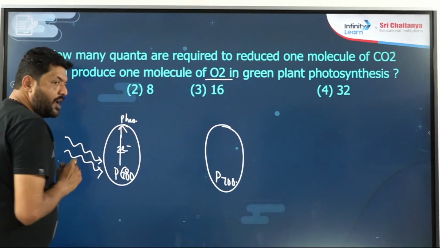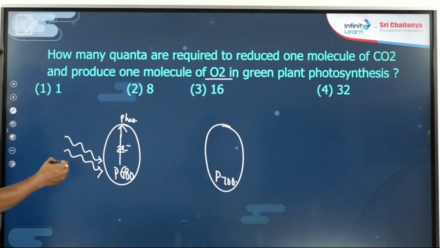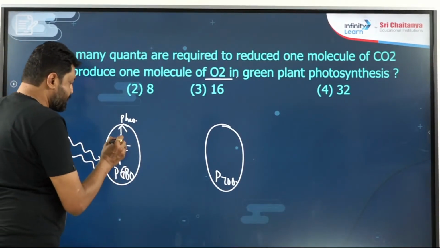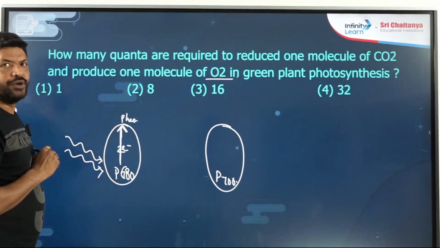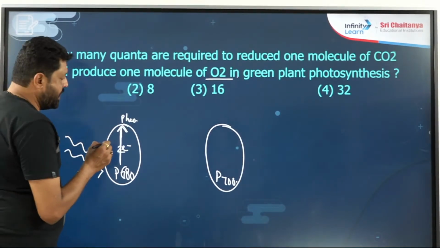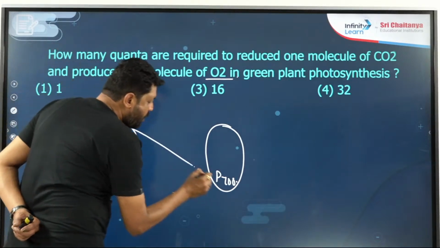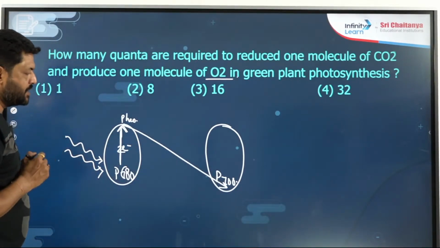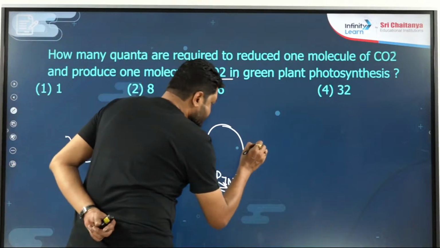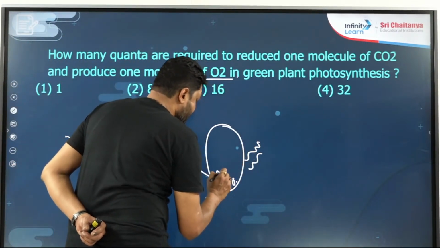When there is light, only then will electrons be transported. Hence, it is said to be uphill transport. What do you call it? Uphill transport. From pheophytin to the reaction center, as shown, that is downhill transport. So again, 2 photons of light.